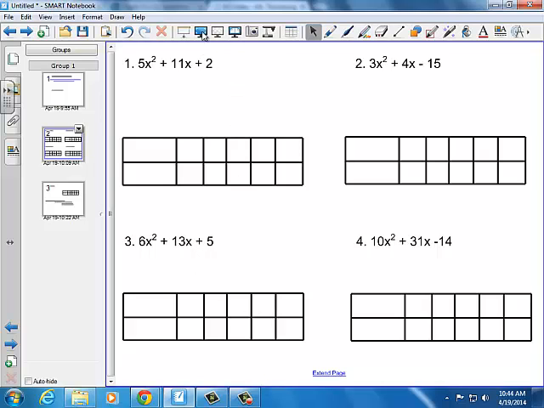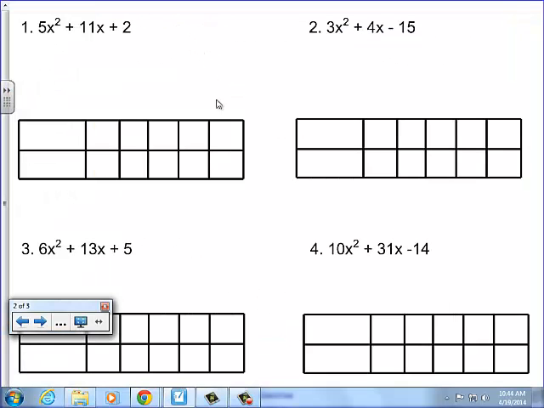Alright, so how do we do this? Let me show you how we're going to do this. Here's my first one that I'm running into right here. And it's a 5 as my leading coefficient, not 1. So I'm going to do what is called the AC method. You're going to use this for the rest of your high school mathematical career, and if you're lucky enough to go on into college mathematics, then you'll use it there too.